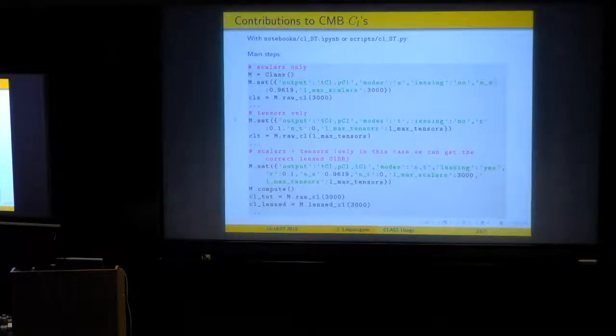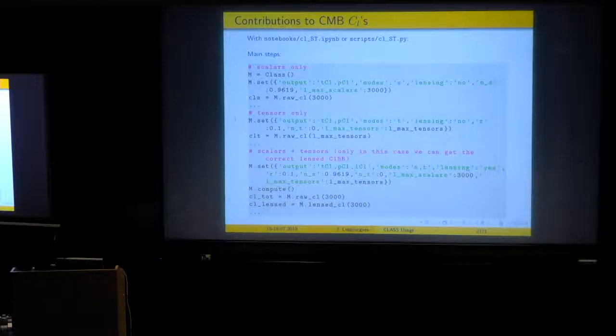I pass it here equal to 0.1. And I pass NT. NT is the tensor tilt. It's set to 0. Okay. I should then run the code. So there should be an m.compute that I have not written. And then I extract my tensor CLs with a raw CL again.